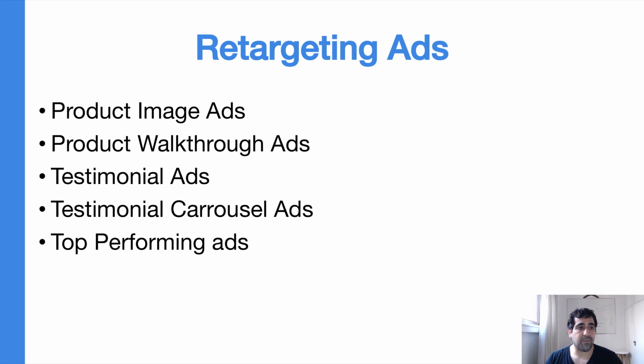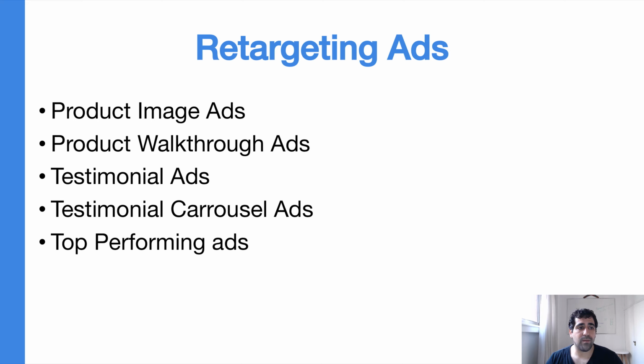In the case of product image ads and product walkthrough ads, let me give you an example so that you can understand that. Let's say you are selling a book, and you have an ad for your book. People are going to click there, they're going to land on the page, but if they don't purchase your book, you can build a custom audience of people who visited the page but didn't purchase, right?